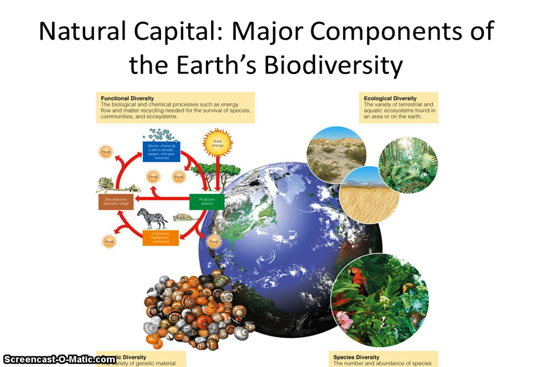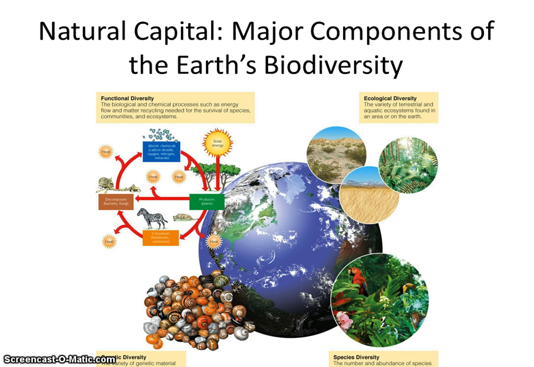Okay, moving on, we've got different types of biodiversity. So looking around from the top left in a clockwise motion, functional diversity, this is looking at our ecosystem services. What does nature, what do ecosystems do for us? They recycle our matter, they make energy flow. These are all things that are necessary to the functioning of a place. Top right-hand corner, ecological diversity, that we have different biomes. This is becoming even more important as we look at climate change.